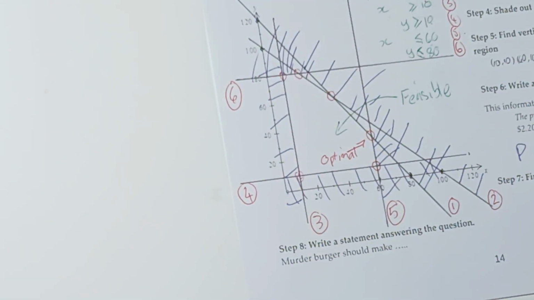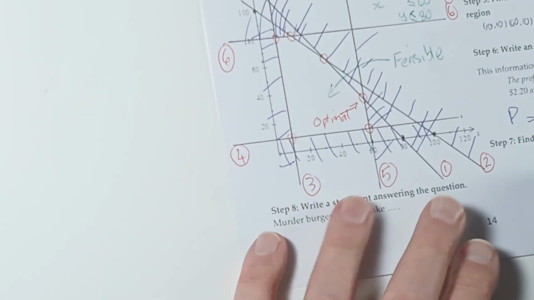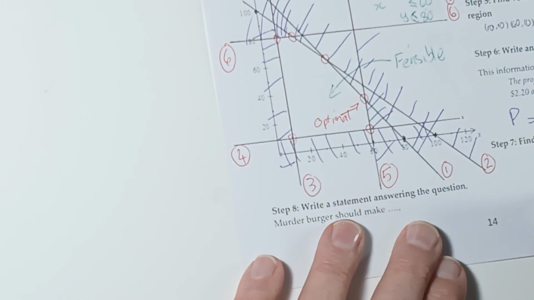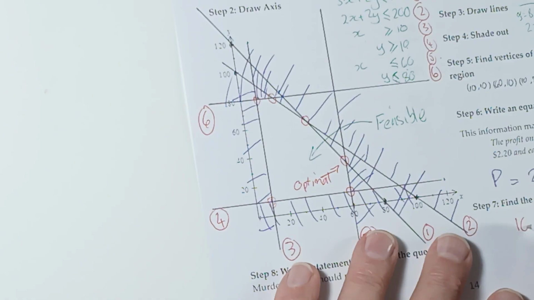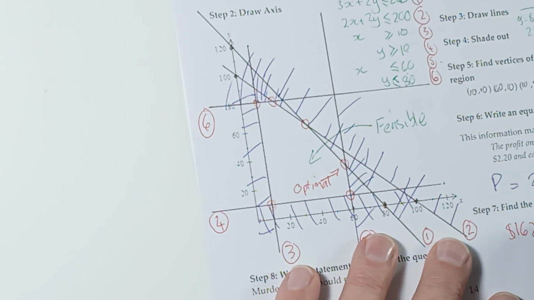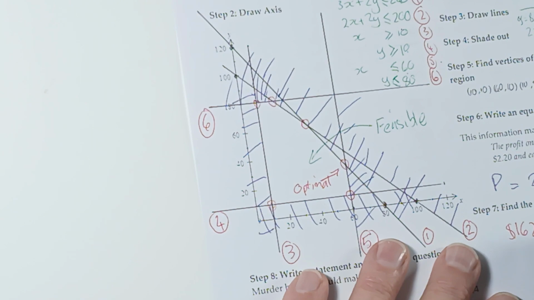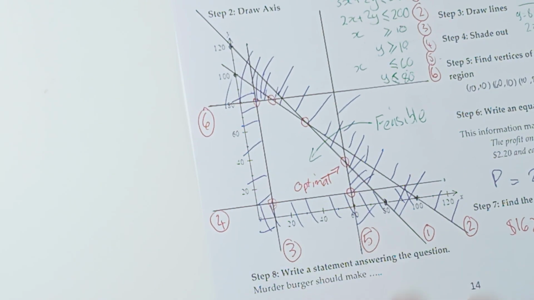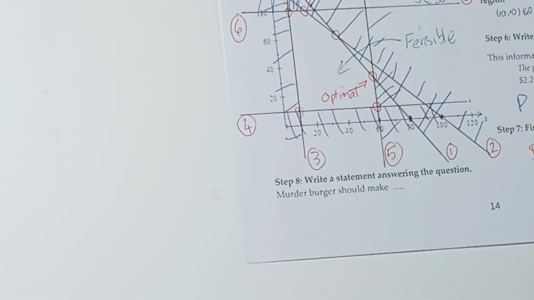And the very last step is, of course, you should state the maximum profit, which we found was 162. You should always answer a question like this with words.